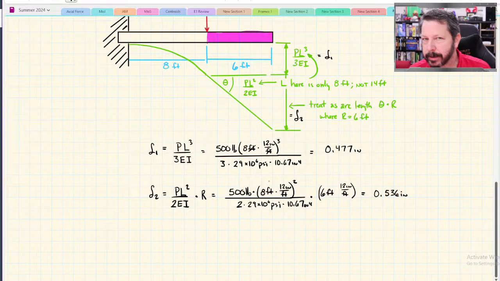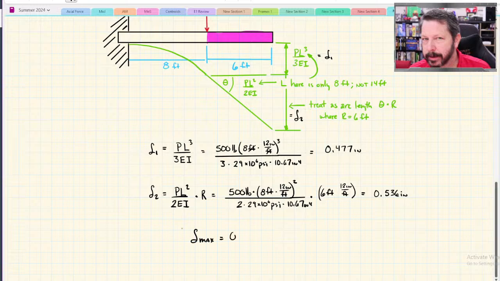So that would be delta 2, just the distance that the pink part has, it hasn't bent, it's just tilted down that far. And it's tilted by the amount of that angle theta that we calculated, which we did with that part of the equation.